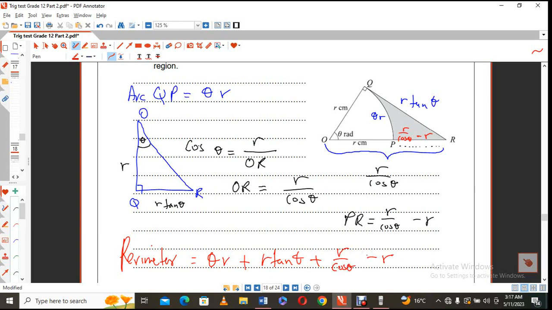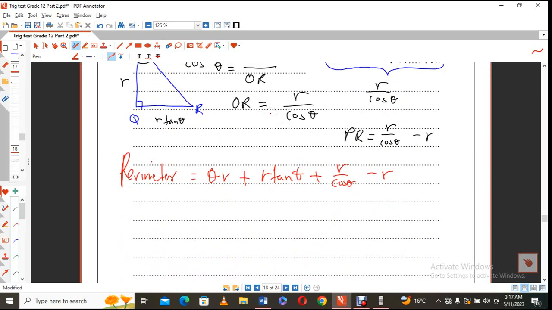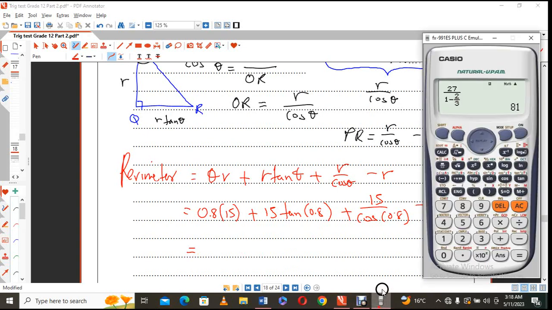Now, let me see, what do they tell me? They tell me theta is 0.8 and r is 15. So I have 0.8 times 15 plus 15 times the tangent of 0.8 plus 15 over the cos of 0.8 minus 15. Alright, make sure your calculator is in radian mode because you are working with radians.